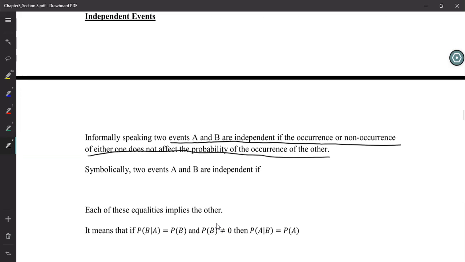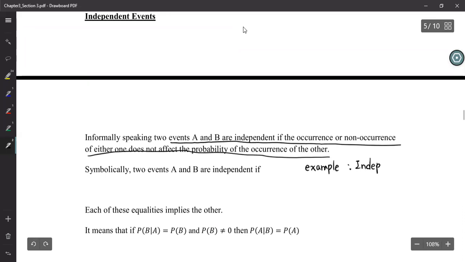Now, can one of you give me a different example for independent events? One more example for independent events. Think about some random experiments we talked about in our previous lessons.